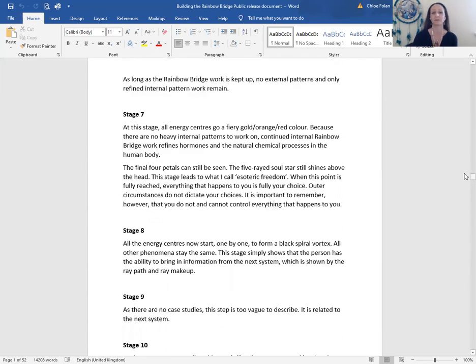stage 7. So just to recap, on the last video, we finished with discussing stage 6, which is living authentically, which is embodying that if anything comes your way that's not in alignment with your ray makeup and your original contracts and path, it just crumbles and you don't have to do anything about it.